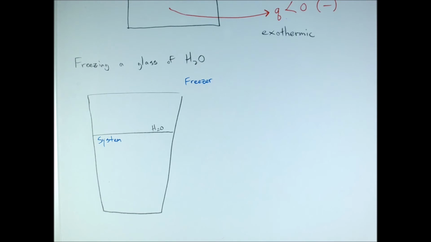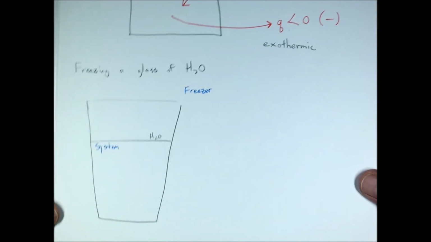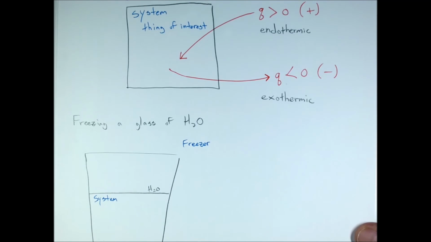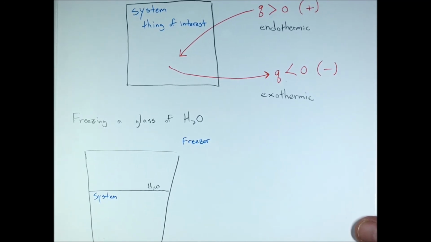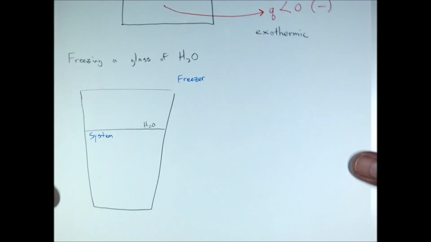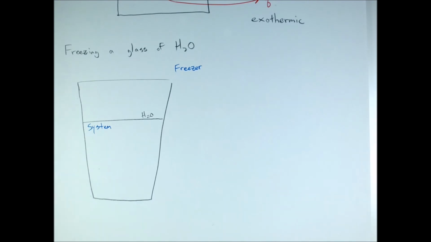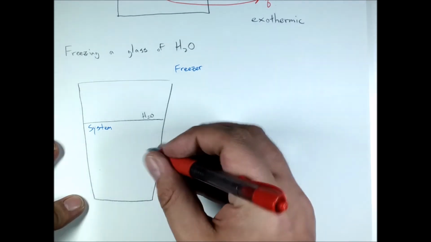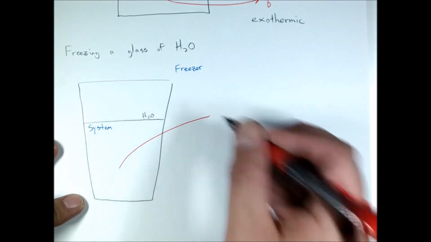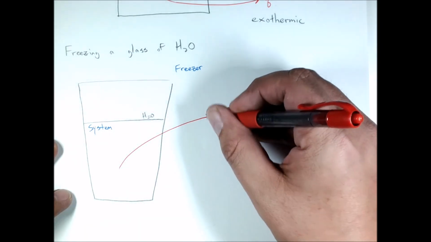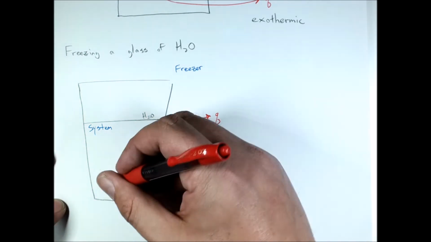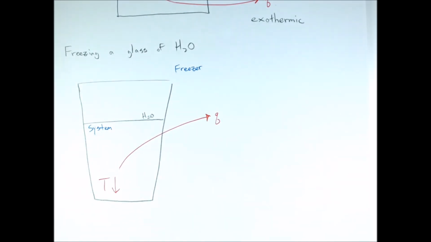All right, so you leave it in there overnight, you come back in the morning, it's frozen. Was that an endo or exothermic process? Think about it in terms of what's happening up here. It's exothermic, yes. So when you freeze your water, the heat is going to draw to the outside here. That means the temperature in here is going to go down.